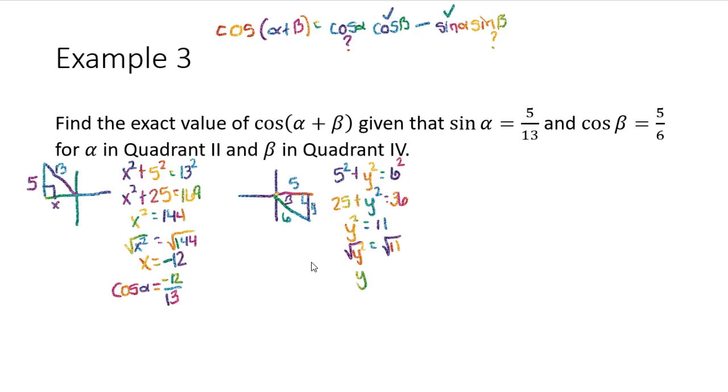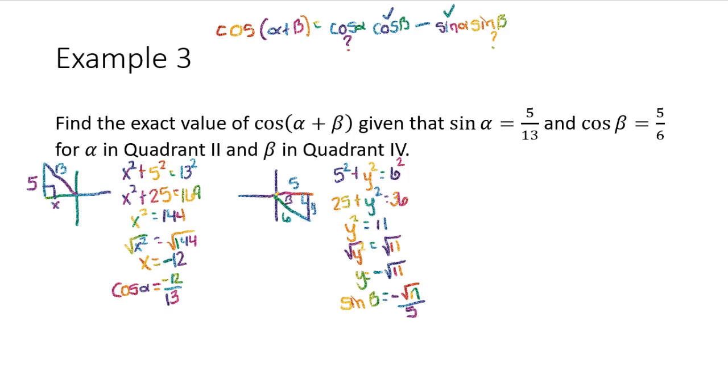And y is going to be equal to the negative square root of 11, because in quadrant 4 my y values are negative. And now I know that the sine of angle beta is negative square root of 11 divided by 5.